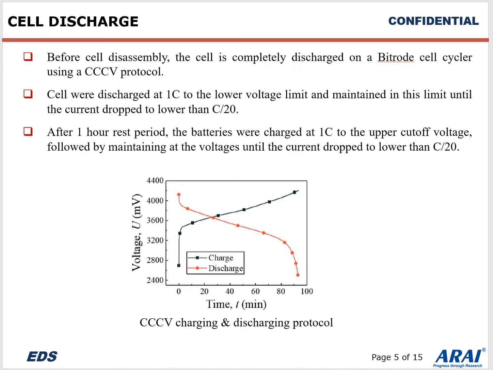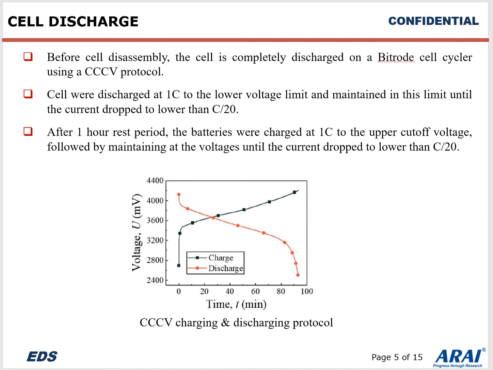Before going for cell disassembly, we followed a charging and discharging protocol in which the cell is completely discharged using a protocol. Cells were discharged at 1C to the lower voltage limit and maintained at this limit until the current dropped lower than the minimum value.